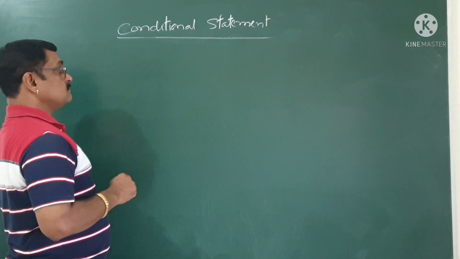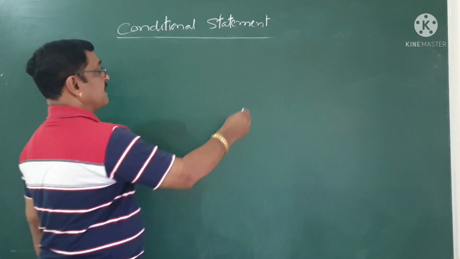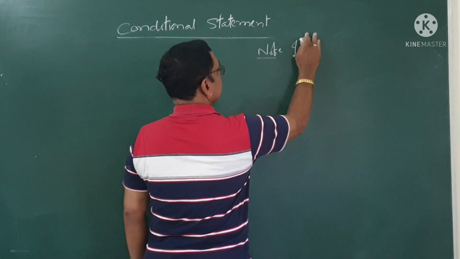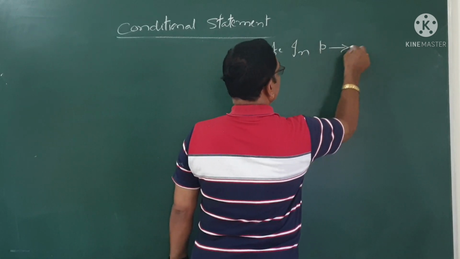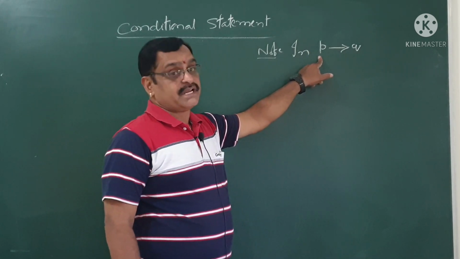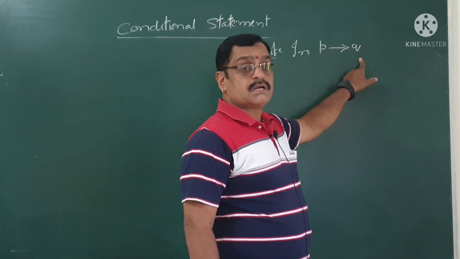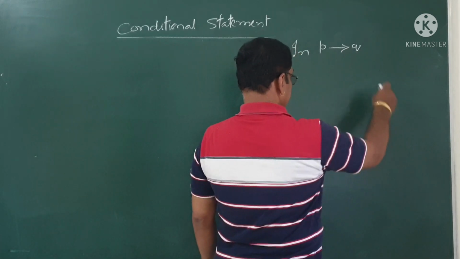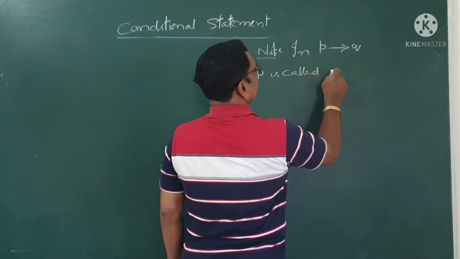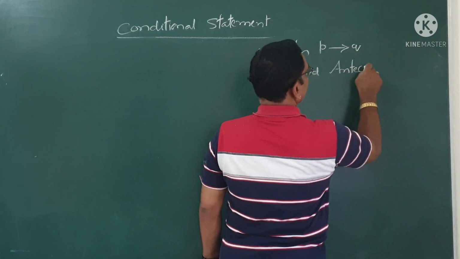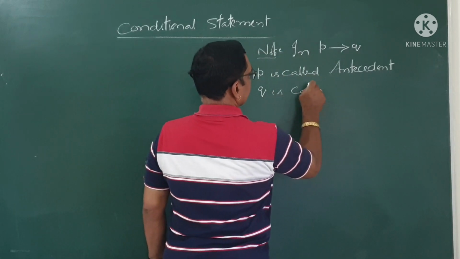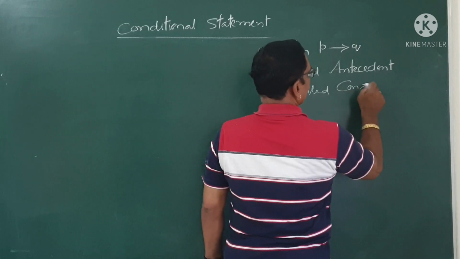Okay, now we have some more notes to understand this concept. Note 1: in P implies Q, P is called the antecedent, whereas Q is called the consequent.